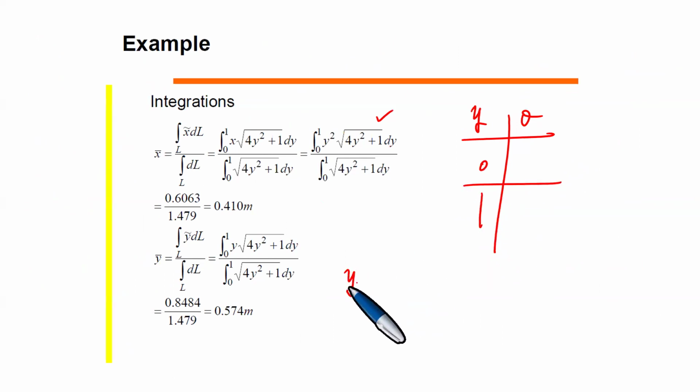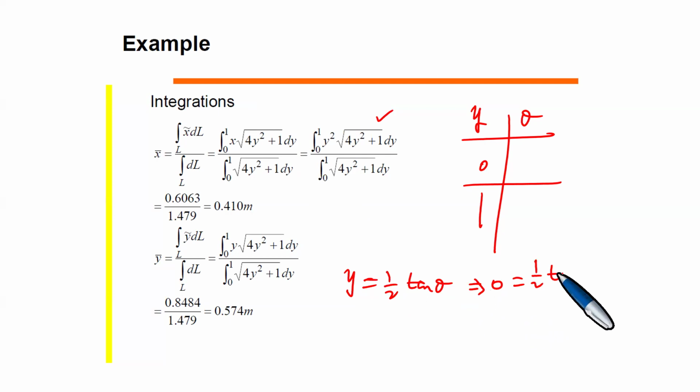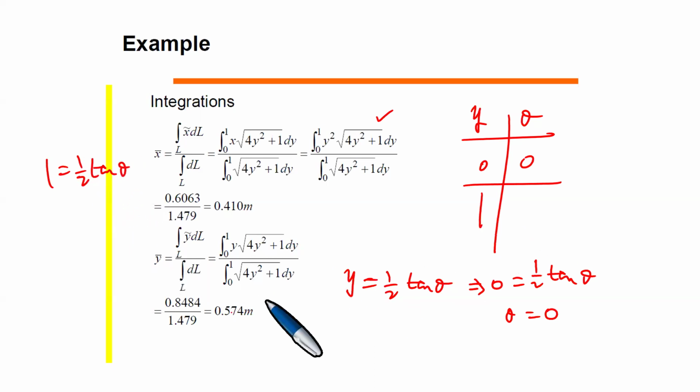If y equals 1/2 the tangent of theta, then at y equals 0, we have 0 equals 1/2 tan theta, and theta becomes 0, because the arctan of 0 is 0. Now if we do the 1 equals 1/2 the tangent of theta, now we're making y 1. So now we have the tangent of theta.